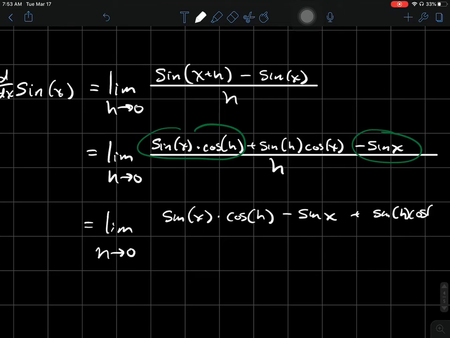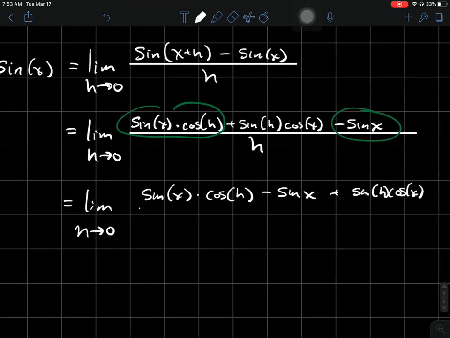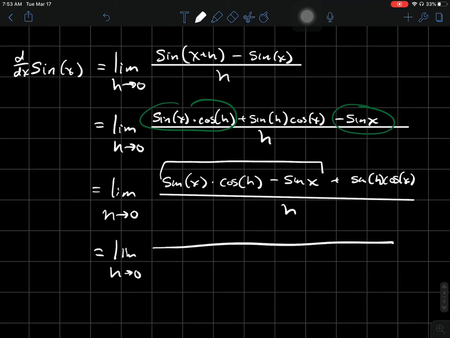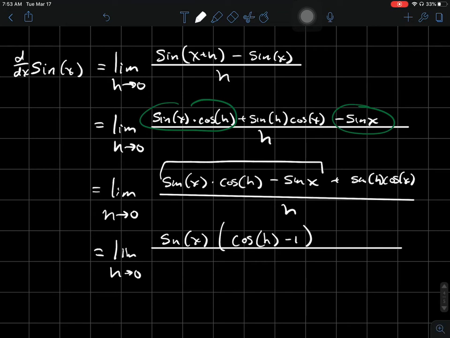Just rewriting the terms. Now I can GCF out of this. When I do that, I'm going to get the limit as h approaches 0. Factor that sine of x out. I'm left with cosine of h minus 1.